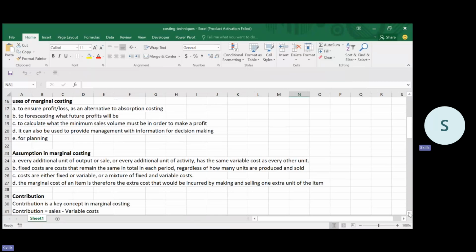Then costs are either fixed or variable. In marginal costing, costs are classified as fixed cost or variable cost, or a mixture of fixed and variable costs.